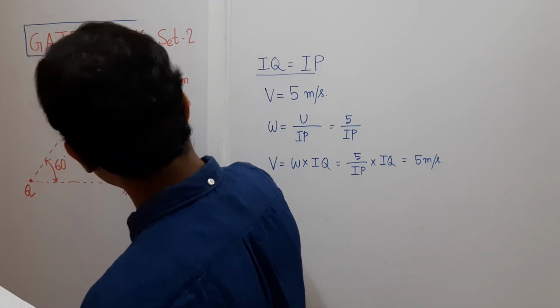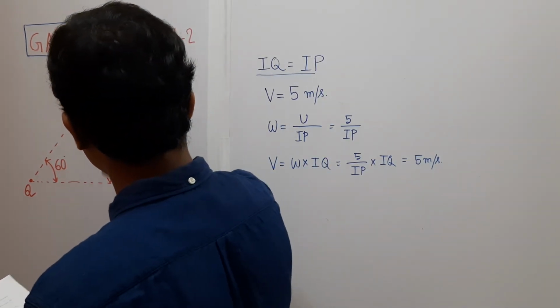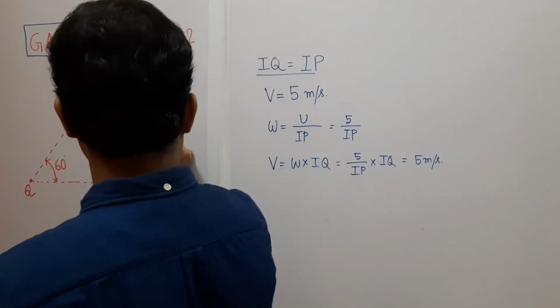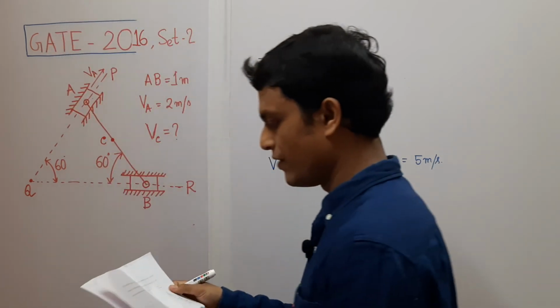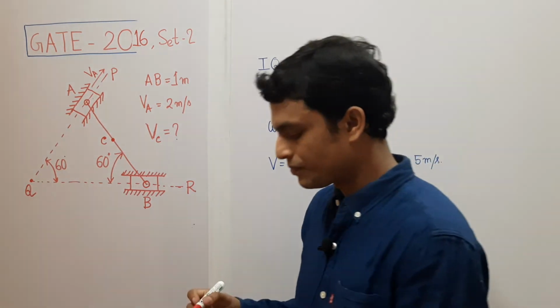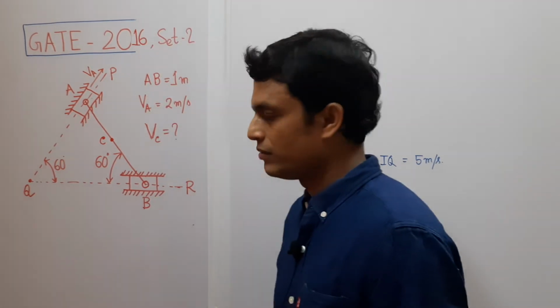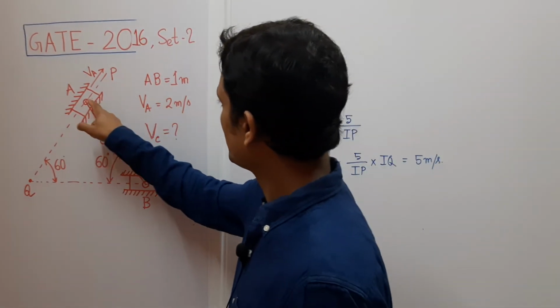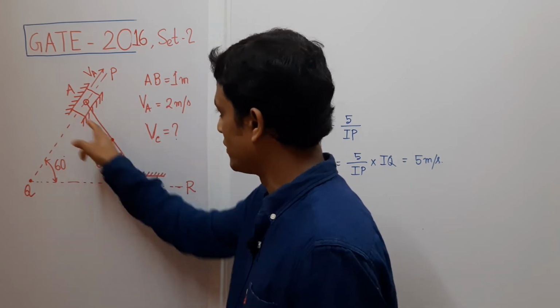Let us consider that this is the midpoint. The midpoint of the rod is C. So what is VC? You have to determine the value of VC. Let me repeat once again. AB is a rigid rod of length 1 meter, and the two ends of the rigid rod, point A and point B, are connected to two sliders.